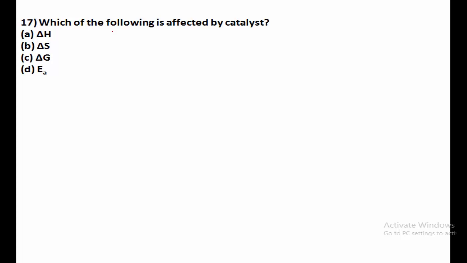So the catalyst will mainly affect the activation energy. Okay, it does not alter any other thing, it simply alters the activation energy. So the option D, that is Ea, means activation energy, that would be the answer. Okay, activation energy.